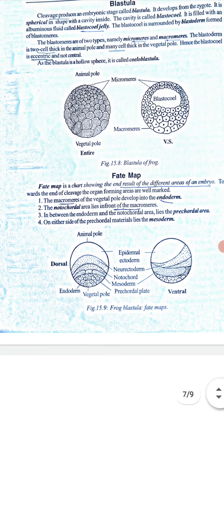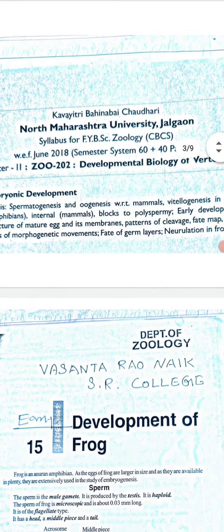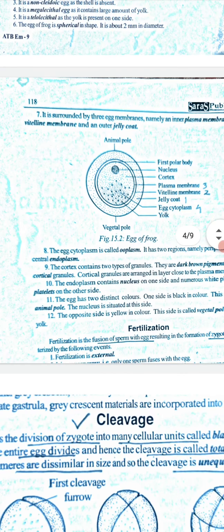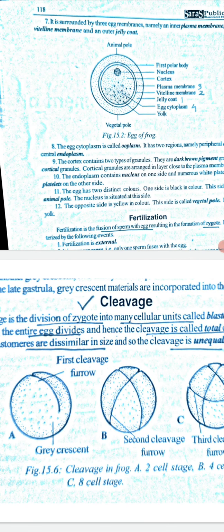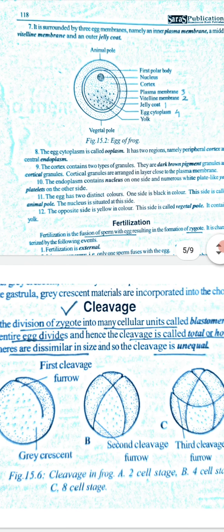After fertilization, the next stage of the development is called cleavage. Fertilization means union of egg and sperm to form the zygote, and then the zygote is called the fertilized egg.